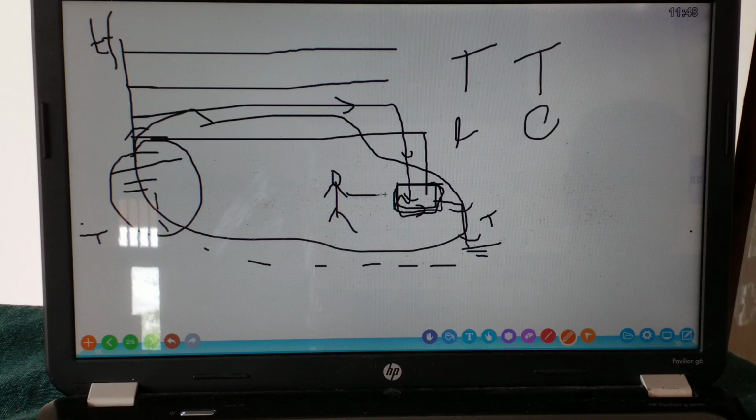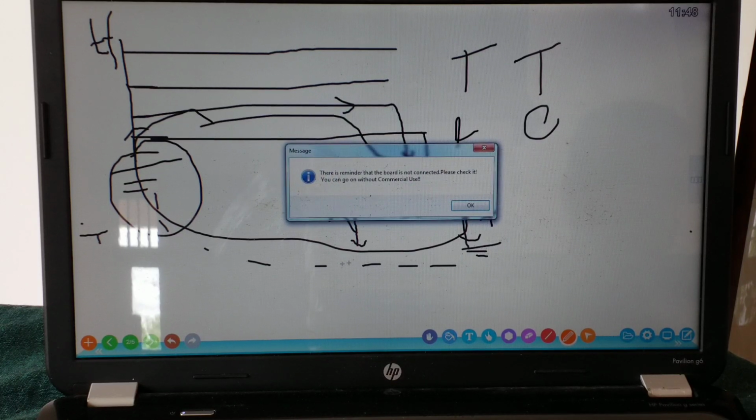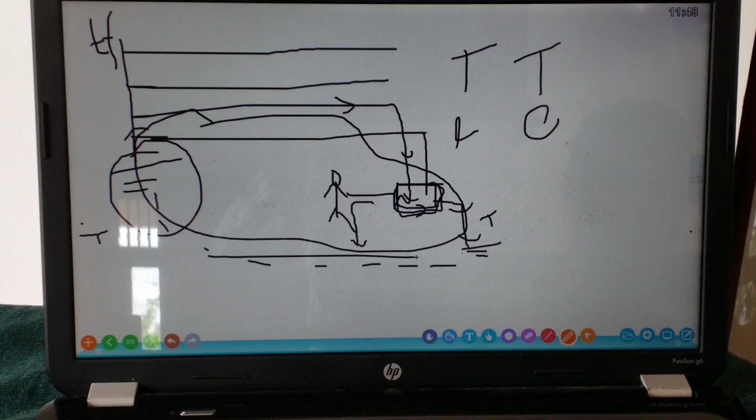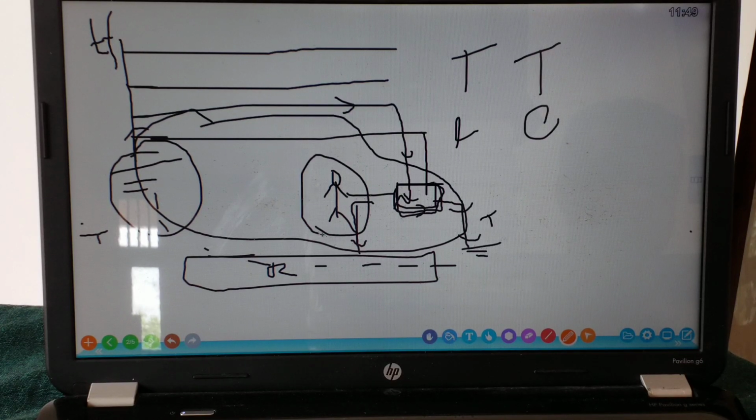If this person touches, what will happen? Because of the impedance of this ground path, this R is very high, so there is a considerable portion of fault current that goes to the human body. So in TT there should be a mechanism of sensing earth fault.